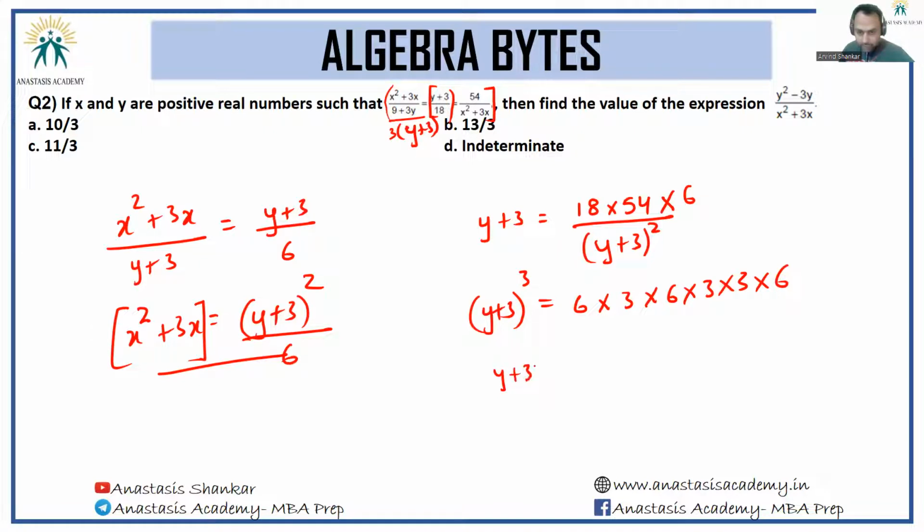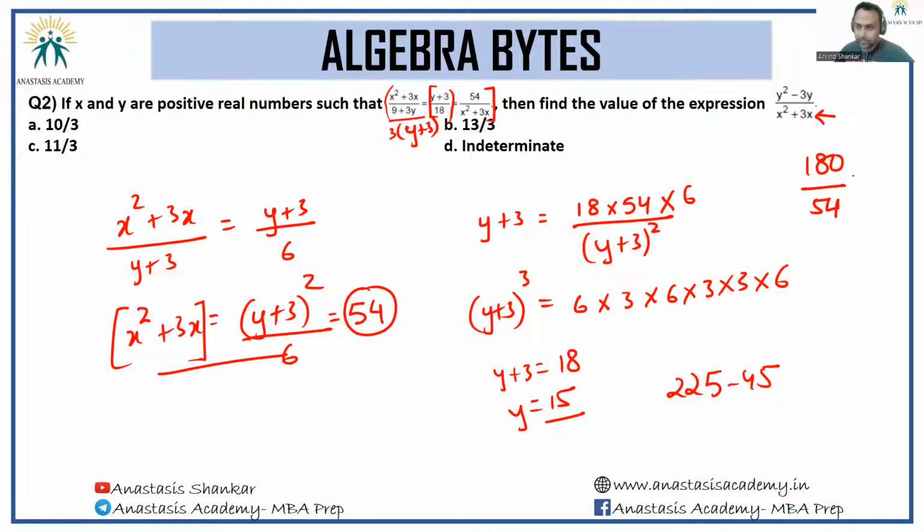So y plus 3 is equal to 18, or y is equal to 15. This is wonderful. If I know y is 15, I know x square plus 3x is equal to (15 plus 3) whole square, 324, divided by 6, which is 54. The denominator is 54. The numerator is y square minus 3y, so 225 minus 45, so this is 180. If I cancel out the 18, I'll be left with 10 by 3, so option A will be the answer.